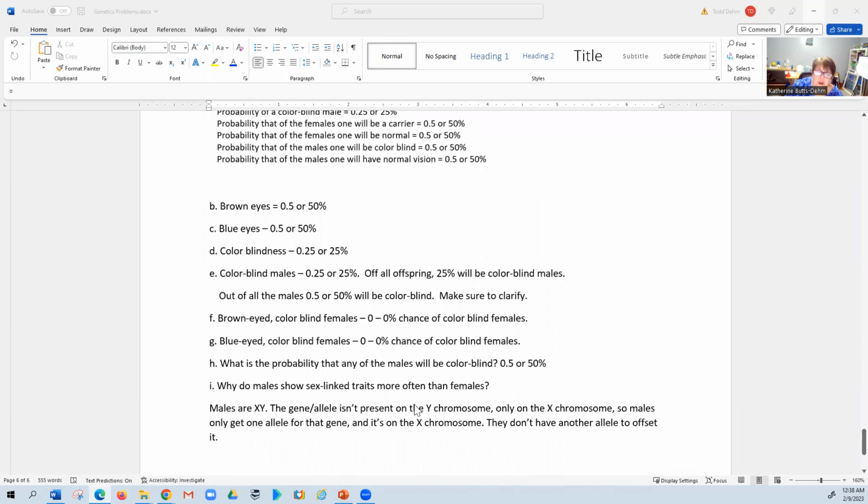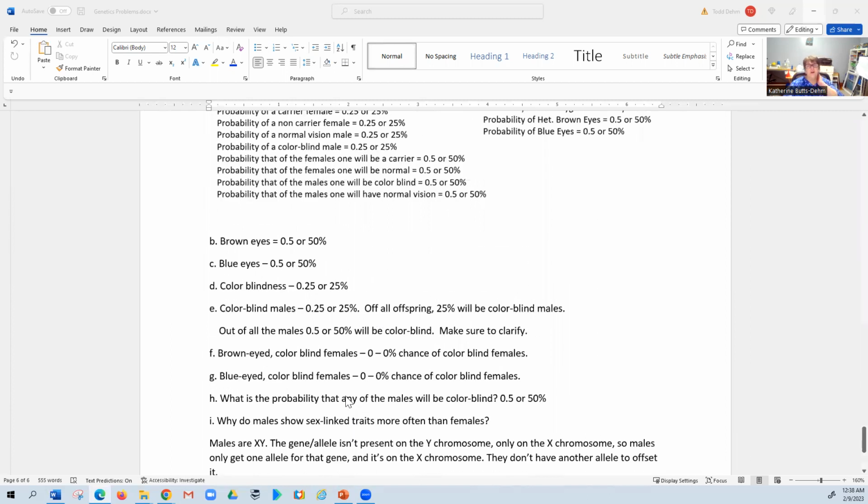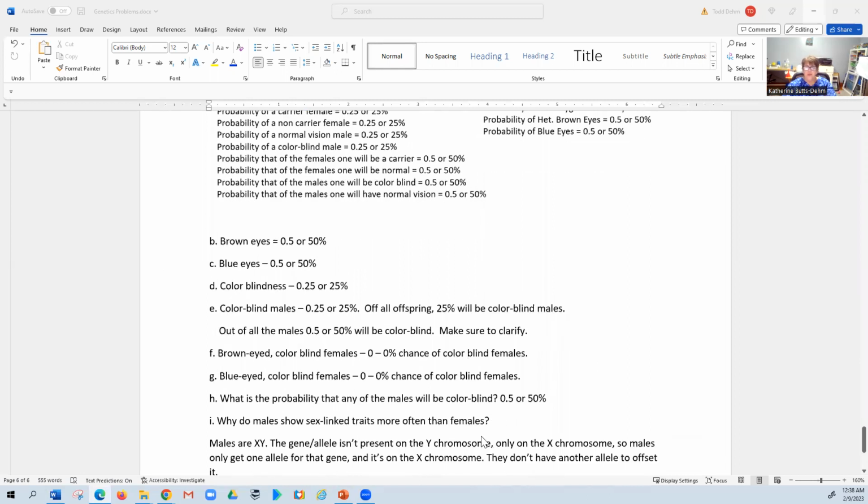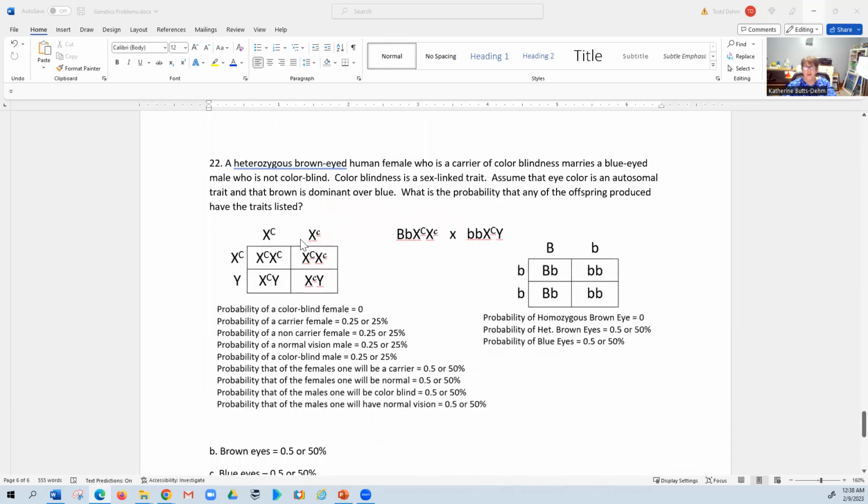Why do males show sex-linked traits more often than females? Because males are XY. So the gene or allele isn't going to be present on the Y chromosome in sex-linked traits. The Y chromosome is a little bitty chromosome. It's like missing a whole piece. So it's missing some genes, and those will be the sex-linked traits.